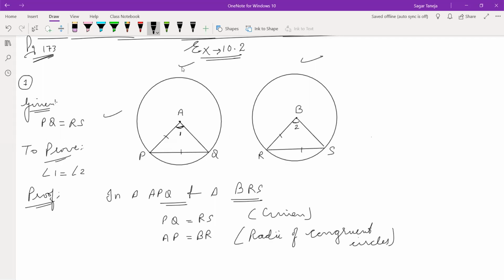Because if we have two circles which are congruent to each other, it means they have the same radius. That's why it is congruent. So AP and BR are equal. And AQ and BS are also equal in the same way. Radii of congruent circles.